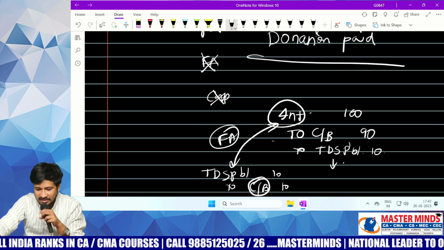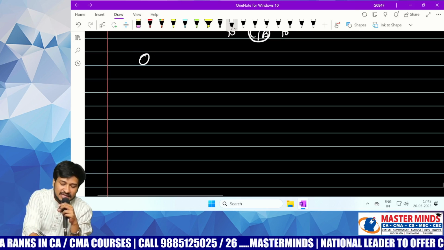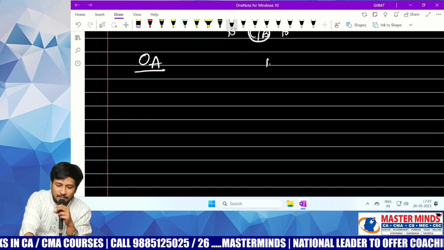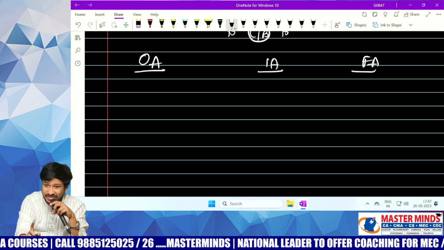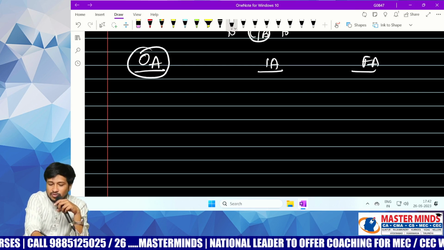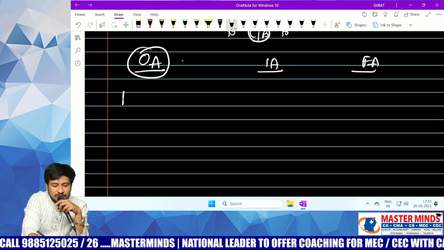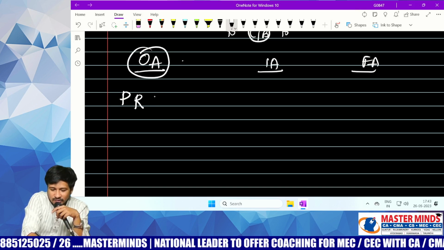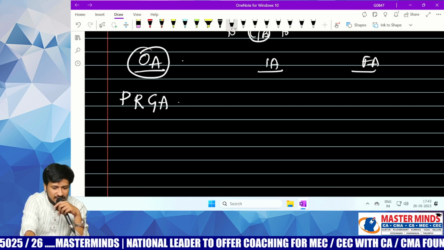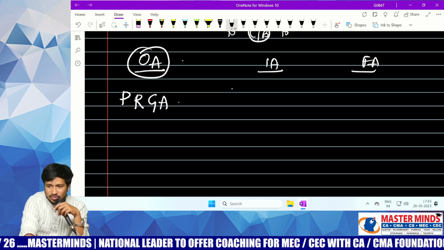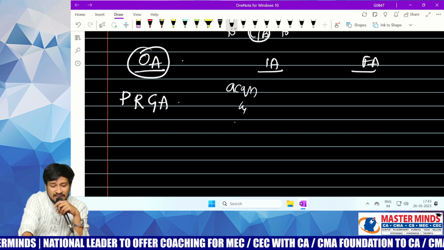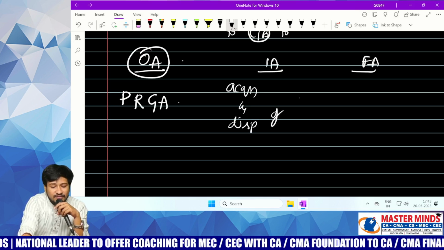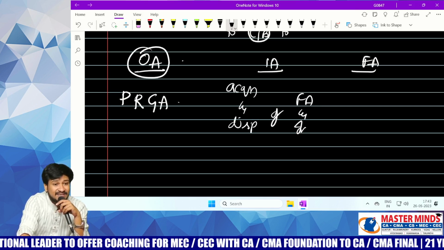Understood, everybody? Those are the three activities. What are the three activities that you have learnt? Operating, investing, financing. First tell me the definitions. Operating activities are those items which are directly connected to principal revenue generating activities. Investing activities are those items connected to acquisition and disposal of fixed assets and investments.